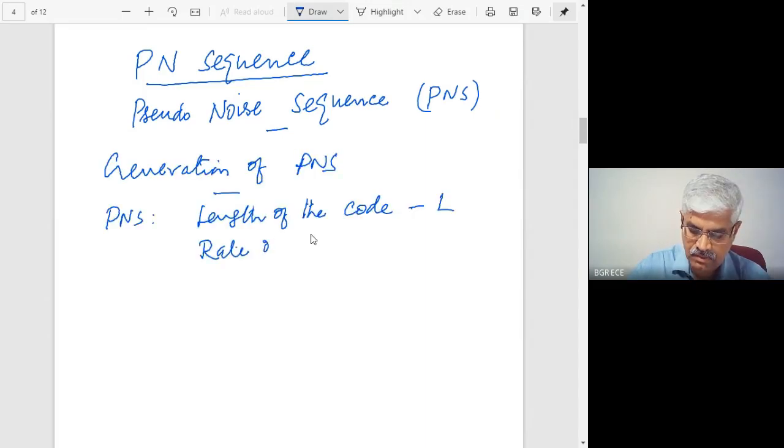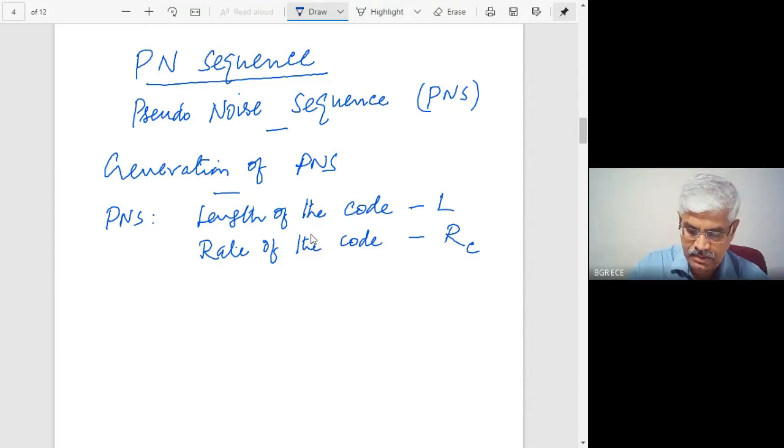The rate of the code is also called the chip rate. We can call it RC, for example, chips per second, rate of the code.